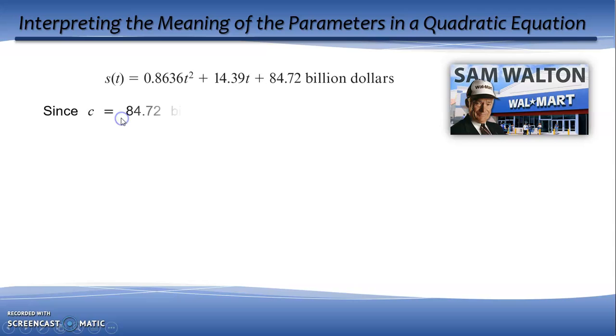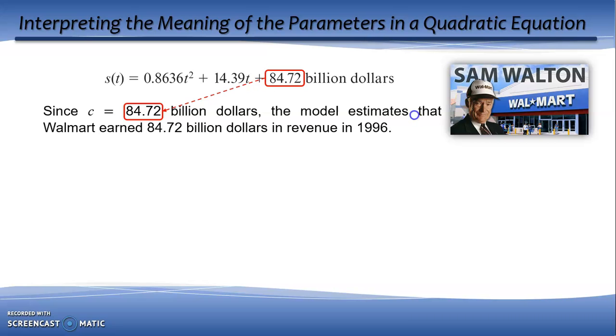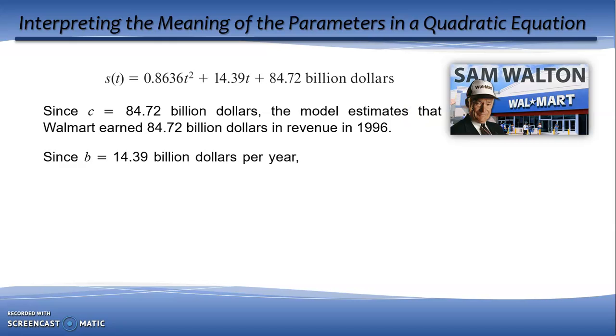So we have our quadratic equation. Since c is $84.72 billion, remember that the model estimates that Walmart earned $84.72 billion in revenue in 1996. b is $14.39 billion per year.